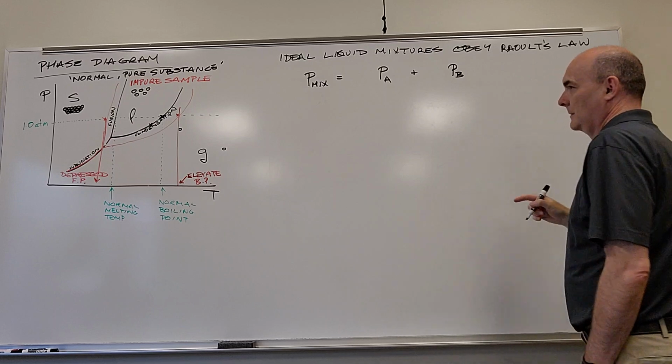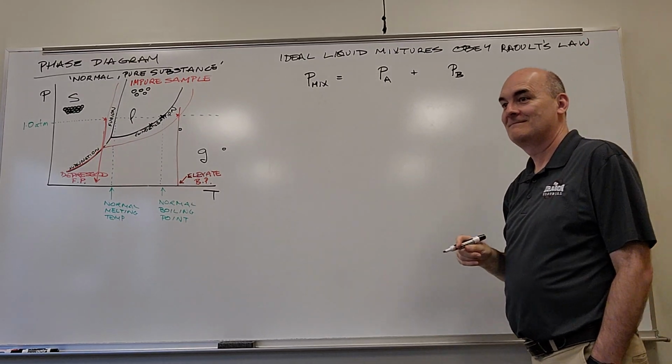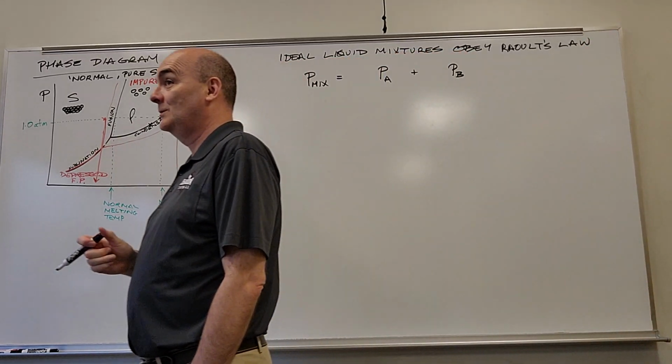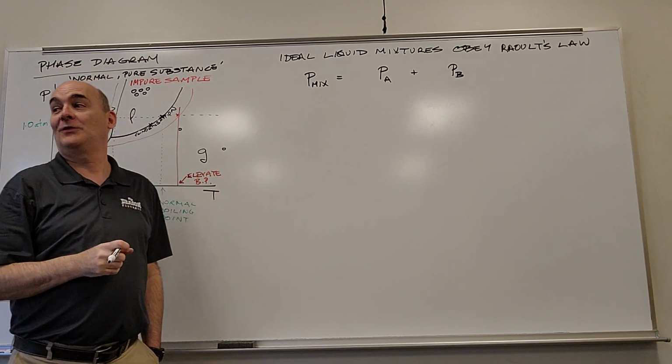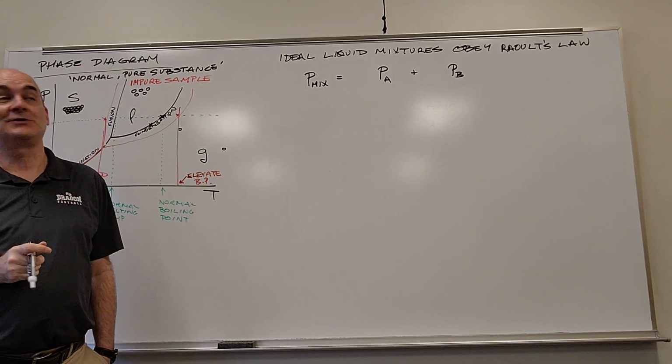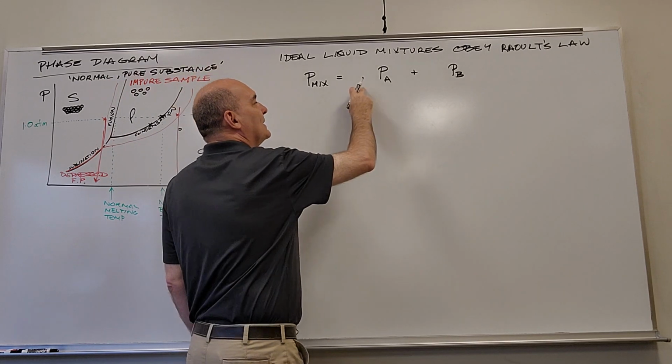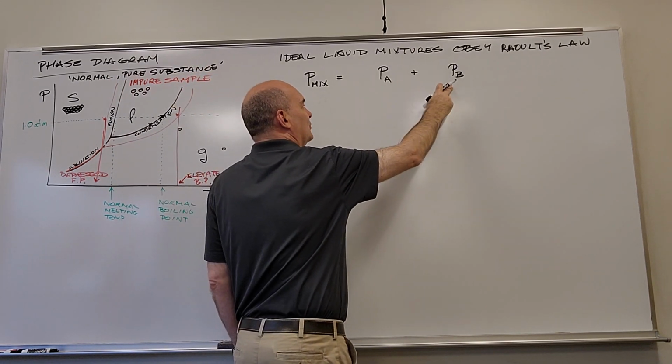Is it a fugacity thing? I don't think we could turn this into a fugacity thing and not allow the vapor pressures. But this is a weighted average.